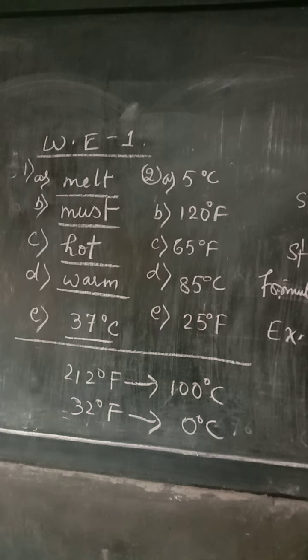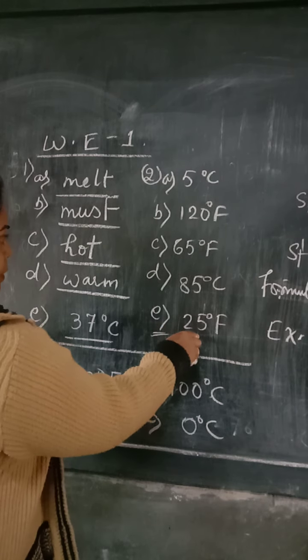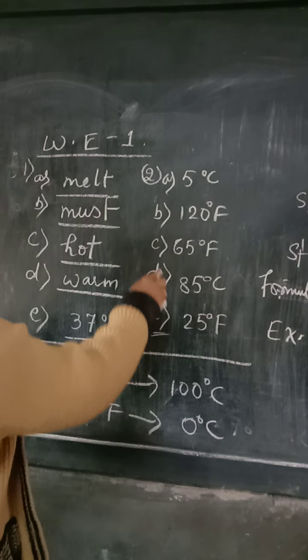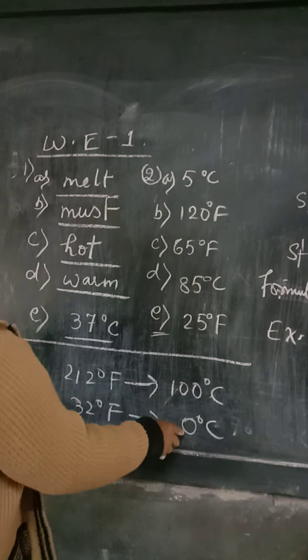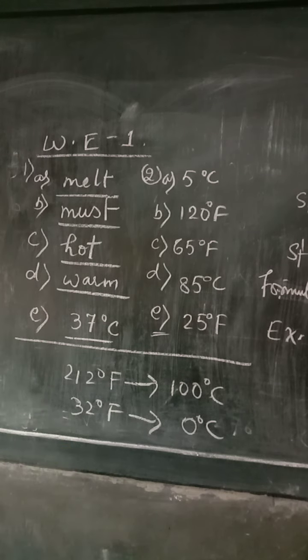So now they have asked you, when we make a snowman, we need ice, is it? And ice cream, if I take 30 degrees Fahrenheit, I cannot cut it. It will become totally ice. I have to eat it, na? So it should be eatable. So that is 65 degrees Fahrenheit. You have to write both in your copy.